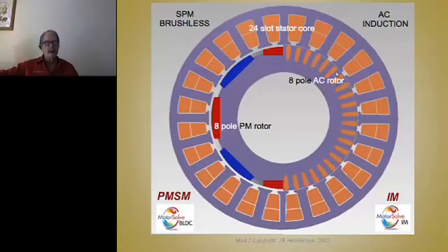Since the poles are slipping, they're not glued on the rotor and not rotating with the rotor, the last bar and the first bar are constantly having the current reversed. It's either going into the screen or out of the screen. So that's how it creates the slipping poles.